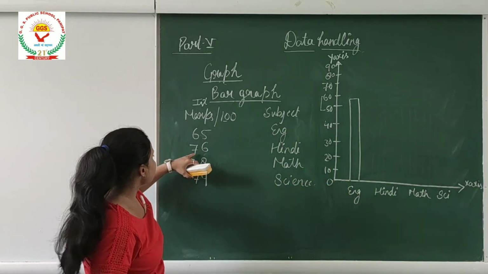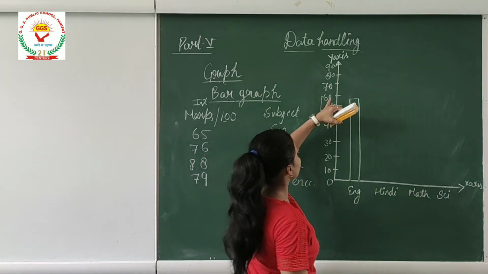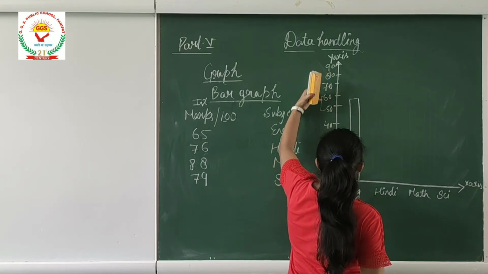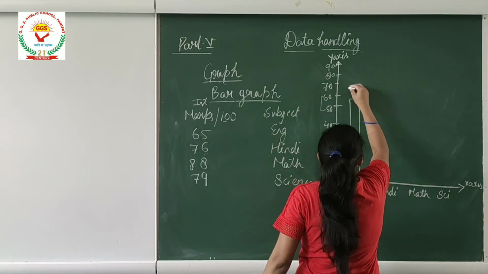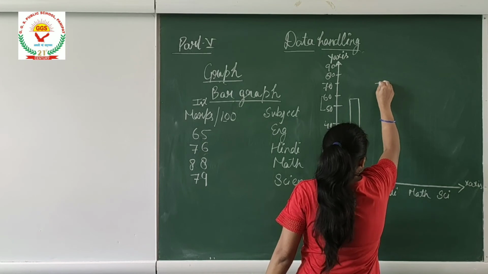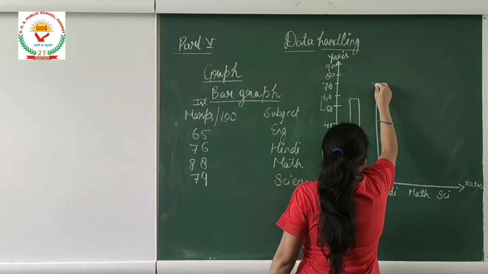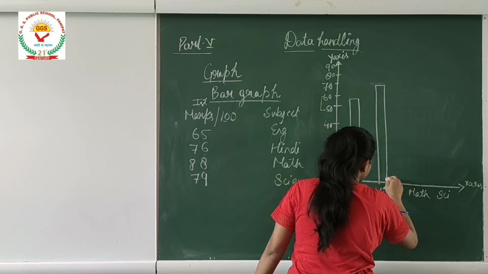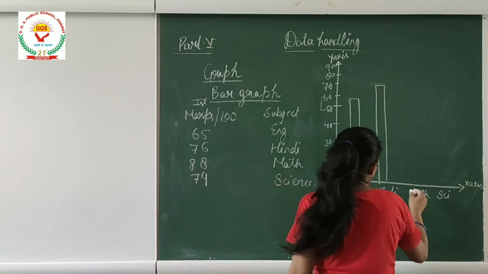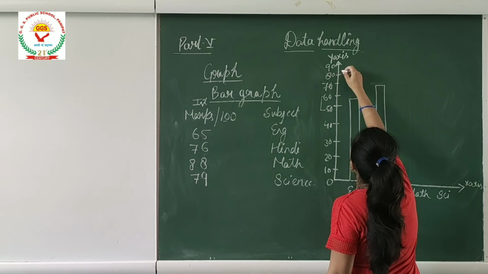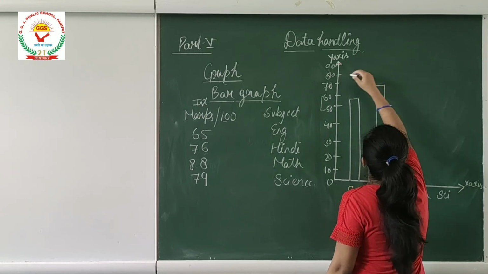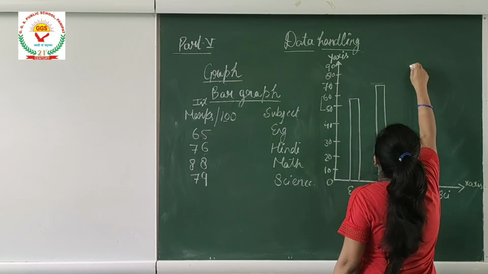Okay. Next is 76. 76 will be in between 60 and 70. So it will be represented like this. Now maths has 88 marks, that will lie between 80 and 90.